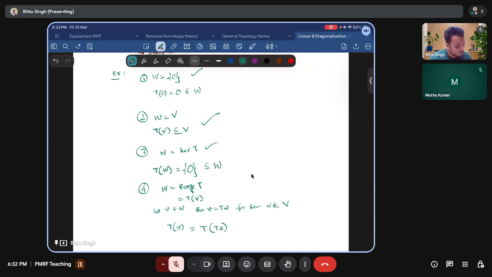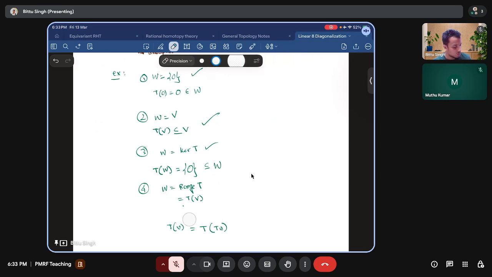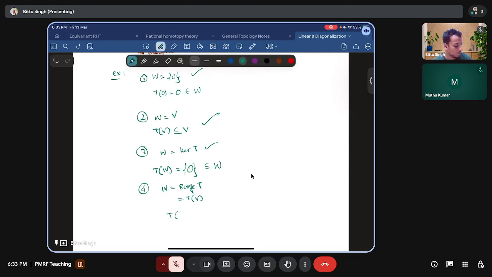So we actually do not need anything. It is automatically in the range. If y belongs to the range, then T of y is again in the range of T. So it is straightforward actually, because T of Tw is the same as T square of v, and this is contained in TV.